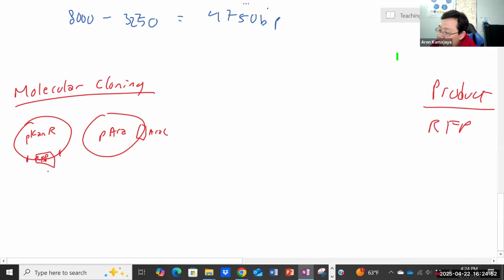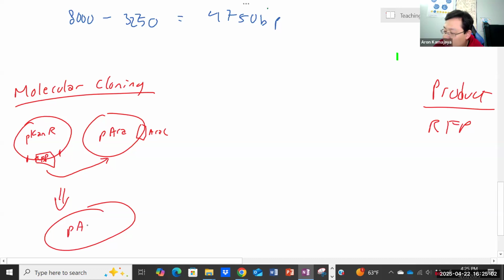You cut it, and then you somehow insert that into PRA. So what comes out from here, hopefully, at the end, is this plasmid called PRR, which already has your RFP, and it has the RRC gene somewhere here. So now this plasmid will allow your cell to produce the protein, right?